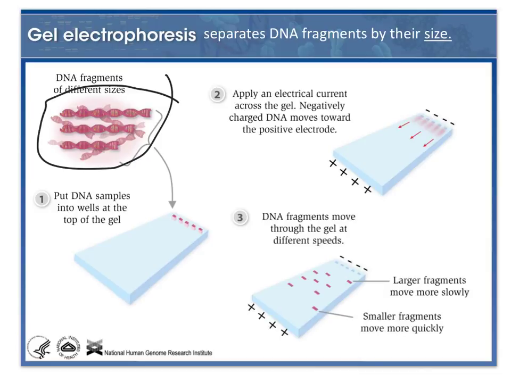For one person, we put DNA samples into the wells in the gel. For each individual that we're looking at, we have a different well.